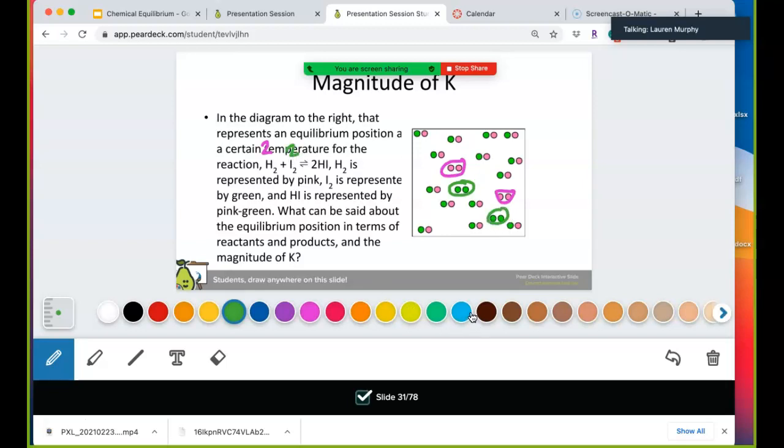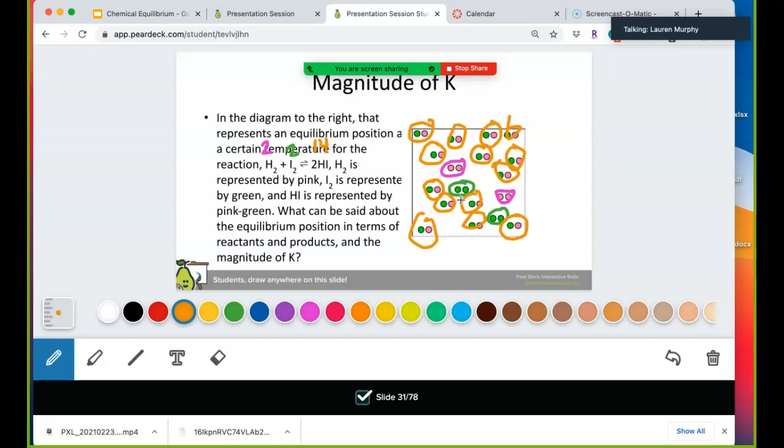And then the HIs are the combination of both colors because there's an H and an I. That should make sense. So I'll do those in orange. 4, 5, 6, 7, 8, 9, 10, 11, 12, 13, 14. Oh my gosh. So just based on this drawing, at equilibrium, this reaction favors the products.